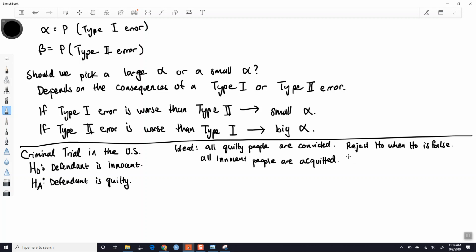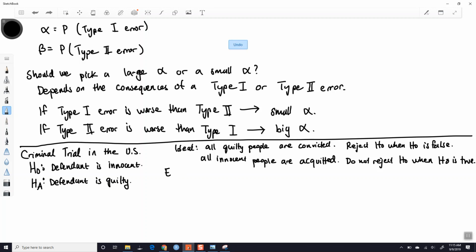That means we do not reject the null when the null is true. Okay, that's what we want, right? We want guilty people convicted, innocent people acquitted. Ideal scenario. But we don't live in a perfect world, okay? So there's crimes in the first place, and sometimes the justice system makes mistakes, okay?